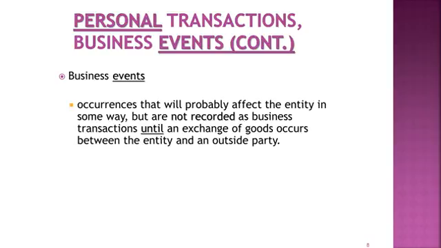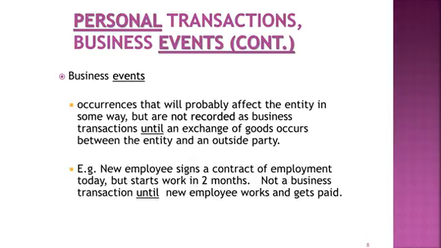Because then it can be reliably measured. We know how much salary we owe them, and something has happened in order to cause that transaction. The signing of the contract itself on the 1st of February is simply an event. It is something that's happened, but it can't be reliably measured, and there's been no exchange between the entity and the new staff member.